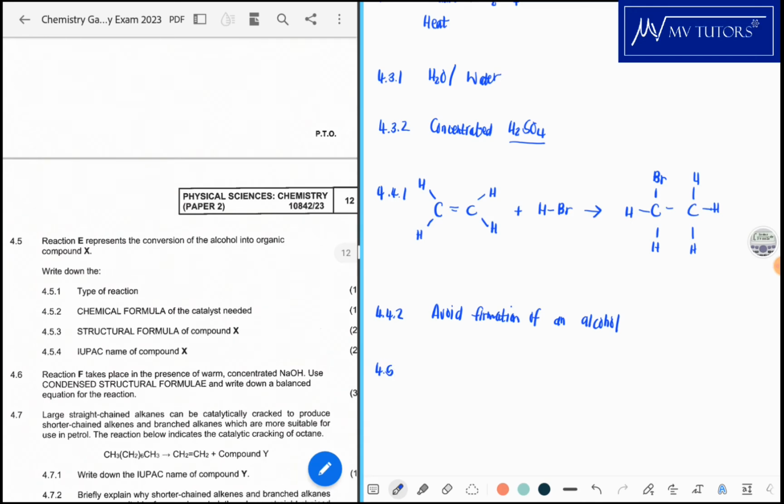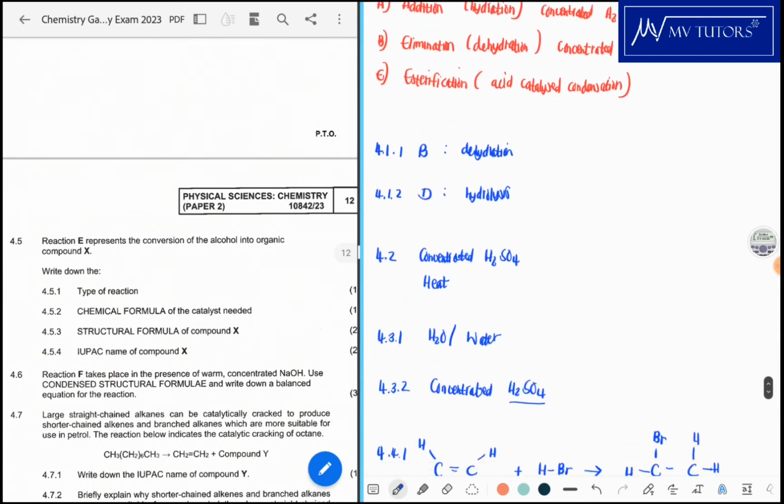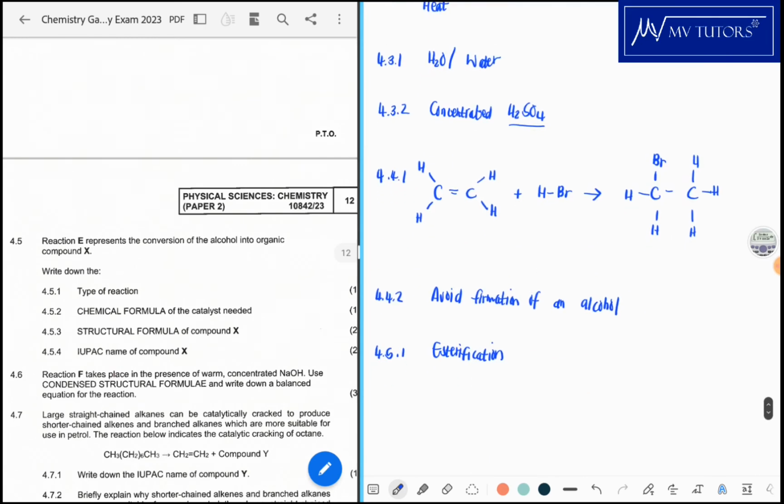All right, cool. Now 4.5. Reaction E represents the conversion of the alcohol into organic compound X. Okay, so we have an alcohol, and added to it is a carboxylic acid. So we already discussed that compound X is an ester. Okay, so 4.5.1, the type of reaction is esterification, the nice uncommon term, or you could have said condensation, acid catalyzed condensation if you may.